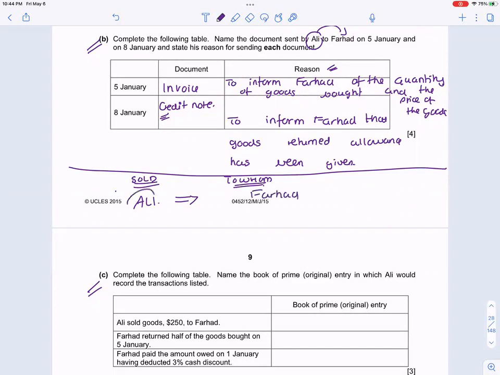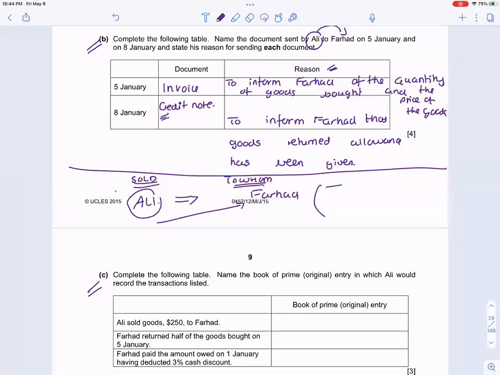So for Ali, Farhad is what? A trade receivable or a trade payable? For Ali, it's a trade receivable.